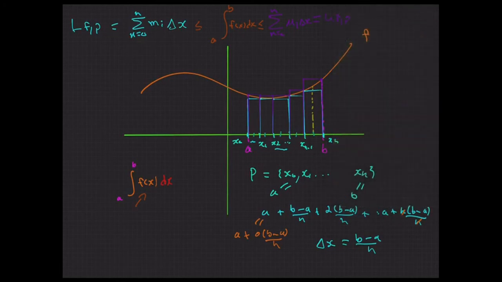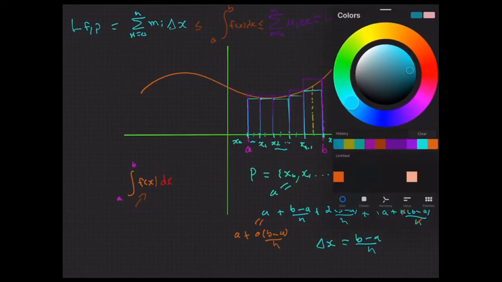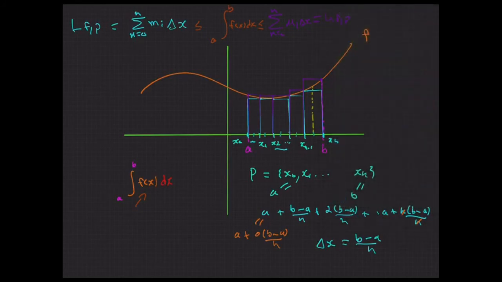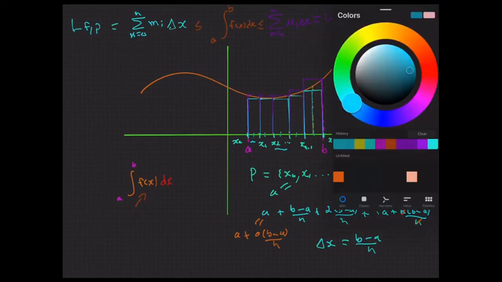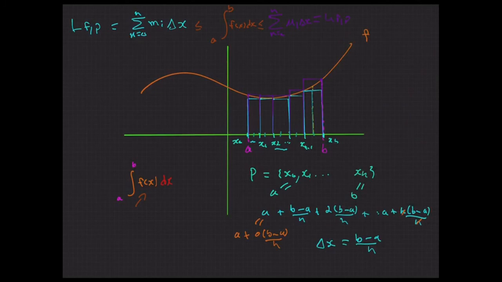On the left part, the minimum value stays the same. It is absolutely the same. I'm going to try to make these lines a little wider. I don't know why it's tapering; I can't get it to stop that, sorry. The minimum value is still right here, so the lower sum rectangle is this one right here. Let's make it a bit brighter so we can see it more clearly.